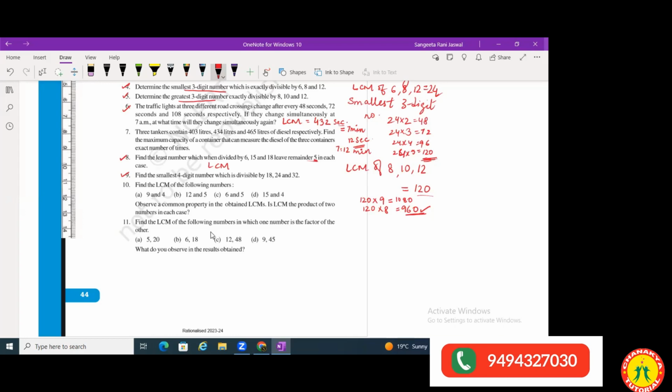Okay. So same way as we had done the previous question number 4 and 5. It's same like these two. The smallest 4-digit number which is divisible by 18, 24 and 32, we need to find the LCM. So please find the LCM of 18, 24 and 32.